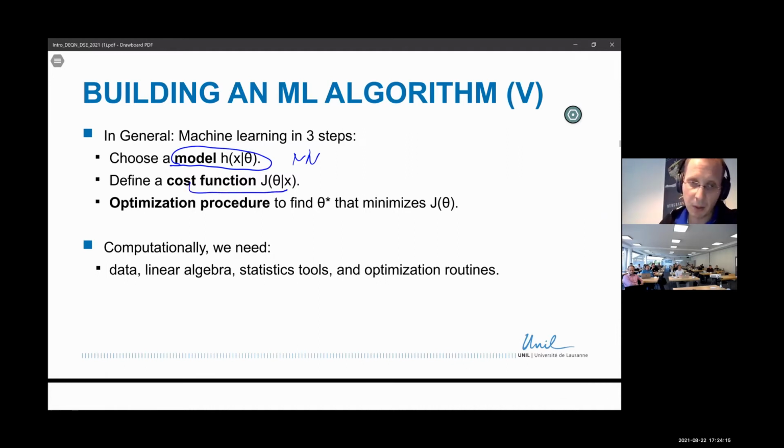Because when we come to economic models, this requires a bit of a clever way to do that. And then finally, we need an optimization procedure to find the optimal parameters. In our context, that would be stochastic gradient descent, as you will see in a moment. So we need computationally three things. So we need the data. So either we have them or we can generate them. And obviously, a bunch of linear algebra, statistic tools, and optimization routines.